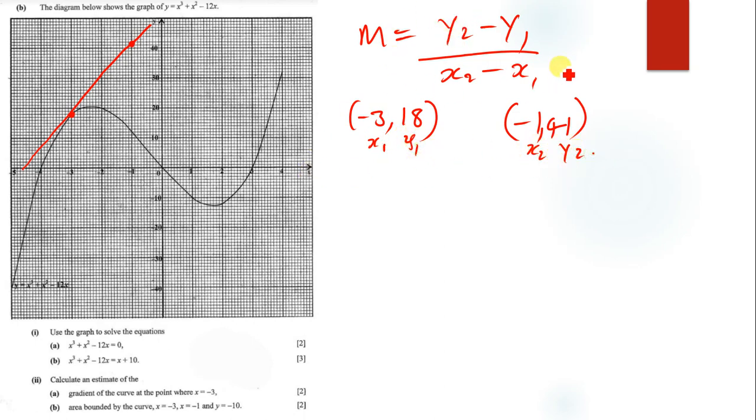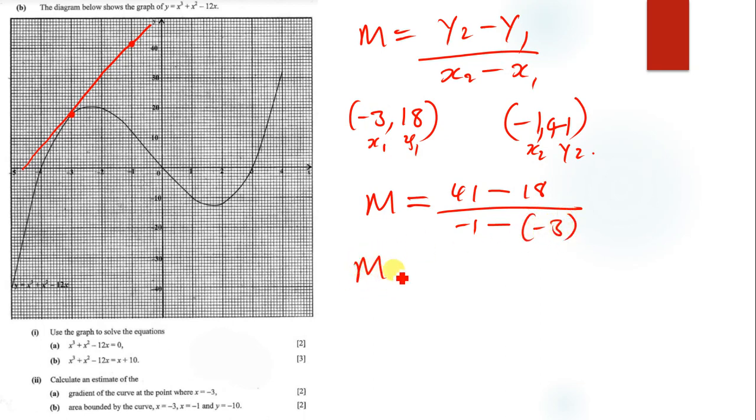So now we plug them into the formula. The gradient is now going to be equal to, y2 is simply 41, minus y1, which is 18, divided by our x2, which is negative 1, minus x1, which is negative 3. Then we have m is equal to 41 minus 18.